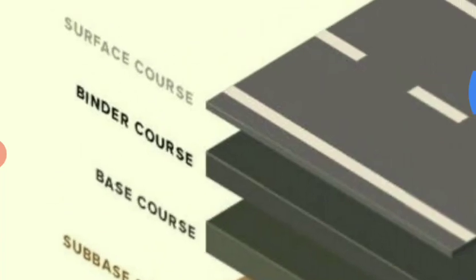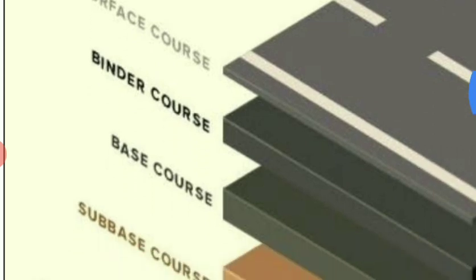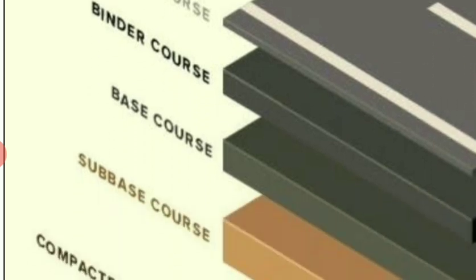Here you can see the surface course, the top layer. What is this surface course made up of? Here you can see the binder as well as the base. For the first layer, the surface course, this binder as well as the base layer will be the supporting layers, right? So this binder course as well as the base course may be of asphalt.